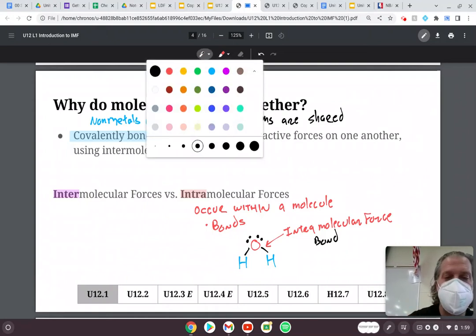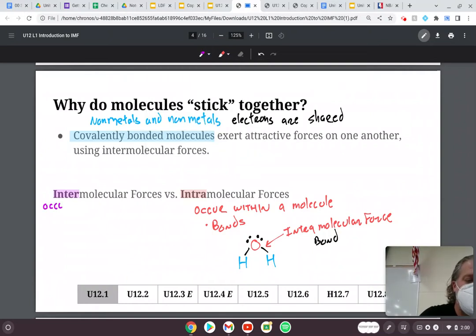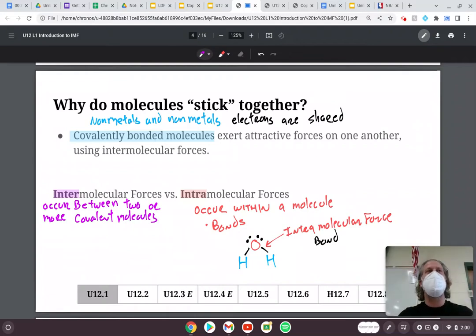Intermolecular forces of attraction occur between two or more covalent molecules. Which is basically the same thing, but I'm really trying to hammer this home. These we would refer to as attractions.